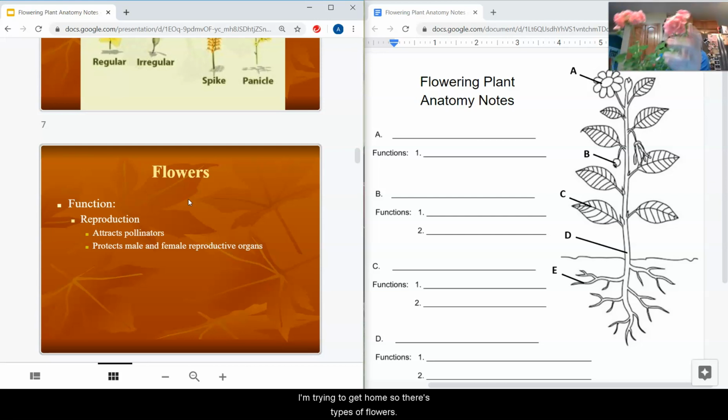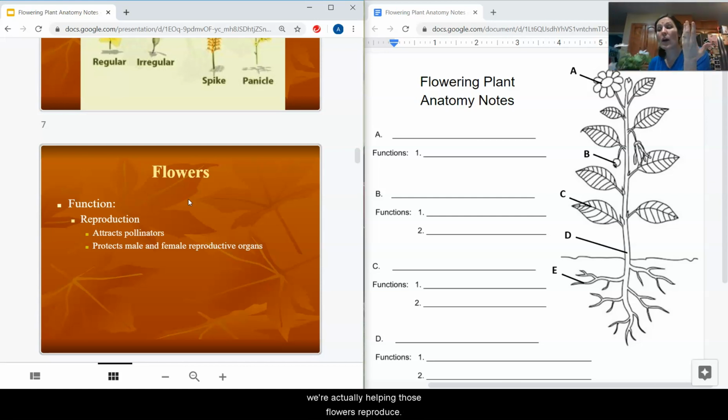So there's types of flowers, and they all smell different, and what that does is the different colors help us attract pollinators. Some of them smell, and that also is to attract pollinators like bees and birds or even humans, because when we stick our nose in there, we might get some pollen on our nose, and then we go to a different flower and we smell it, and we might drop that pollen.